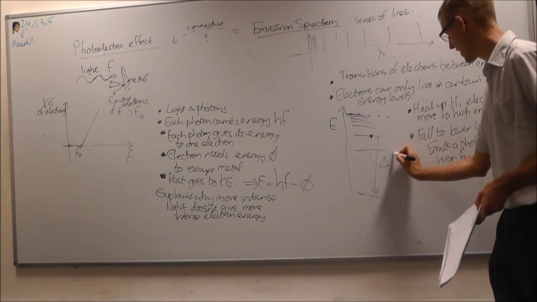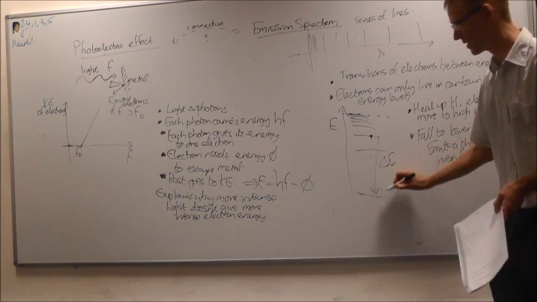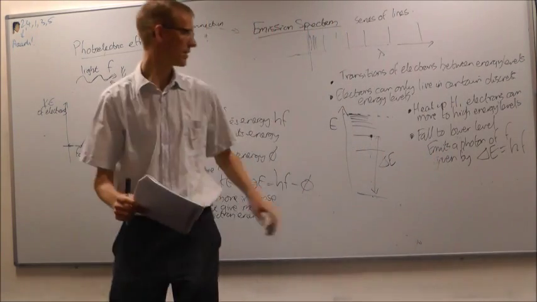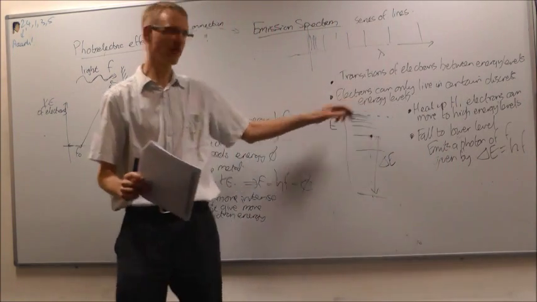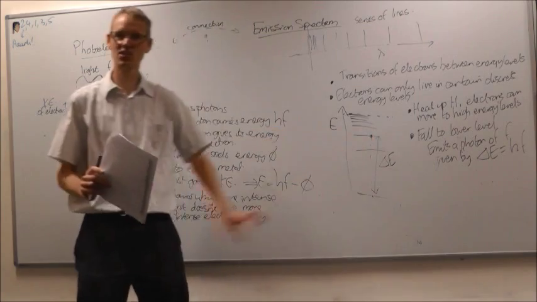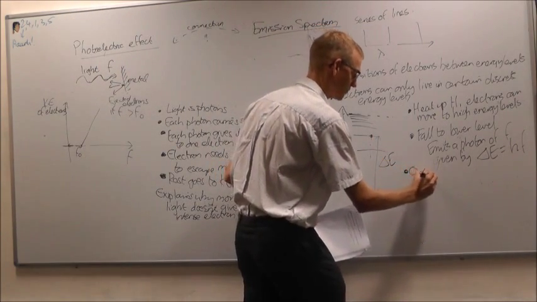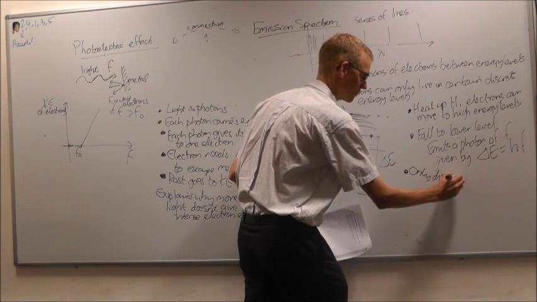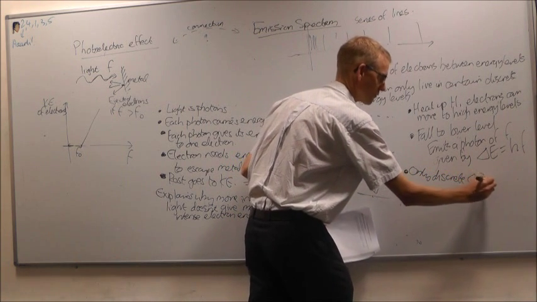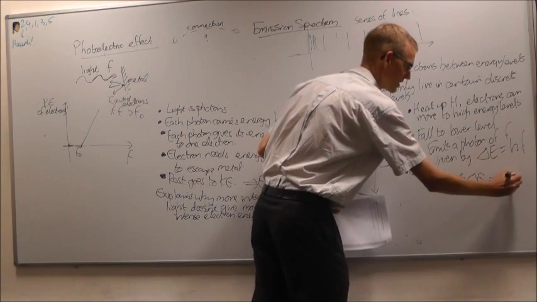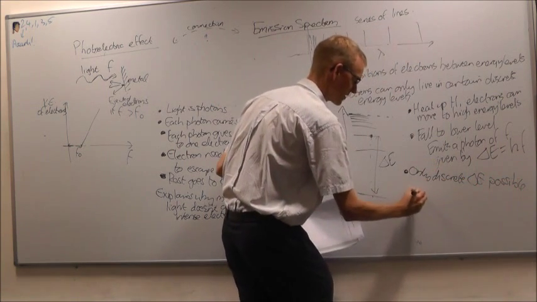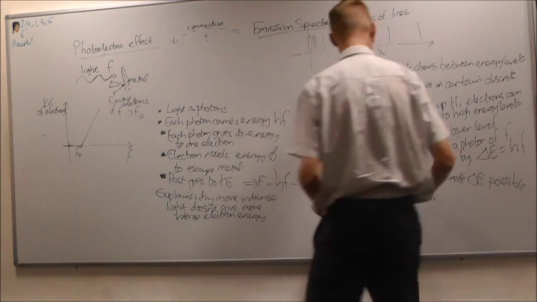Here's your energy gap between the levels. And of course, given that there are only discrete levels, there are only discrete energy gaps possible. So only discrete delta E is possible, which implies discrete frequencies.